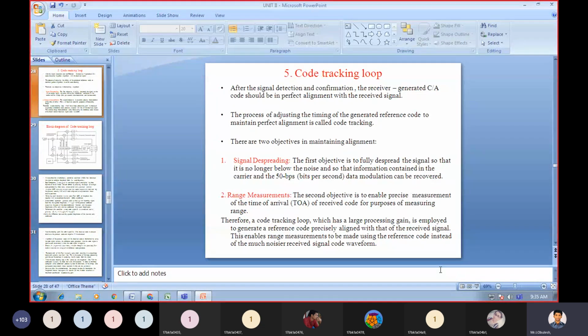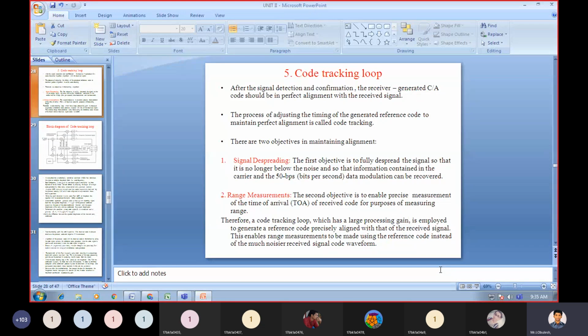After the signal detection and confirmation, the receiver generates the C/A code.